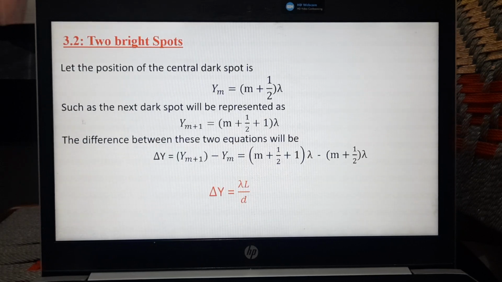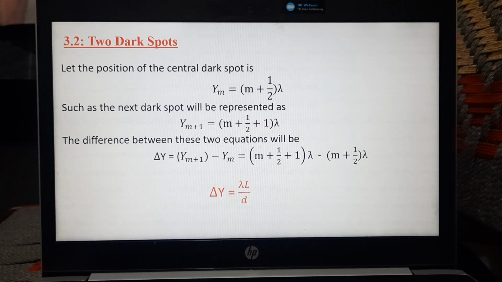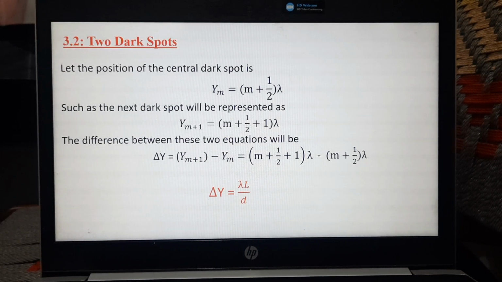The next is the distance between two dark spots, for which I consider the central spot as the dark one. So that is y m with the condition m plus half lambda.